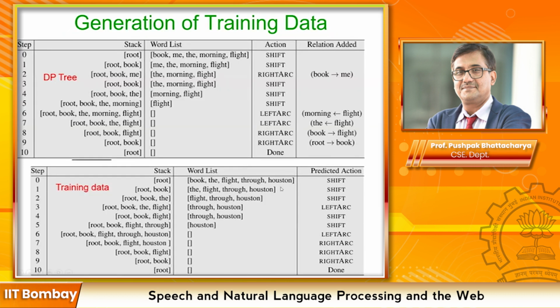Now that this is the training data, what do I see? I see the labeling, the predicted action. The last column here are the labels. So this is like having data on the left and the class label on the right.